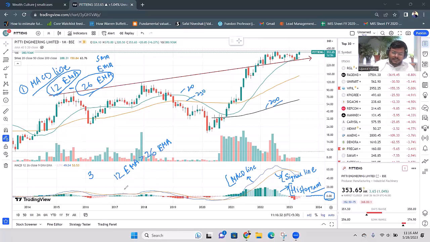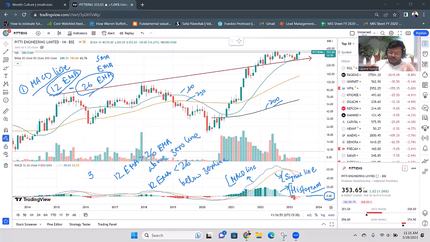So then the MACD line starts going above the zero line, logical, right? And if my 12-month exponential moving average goes below my 26, then basically I am below the zero line. What it simply means is this.